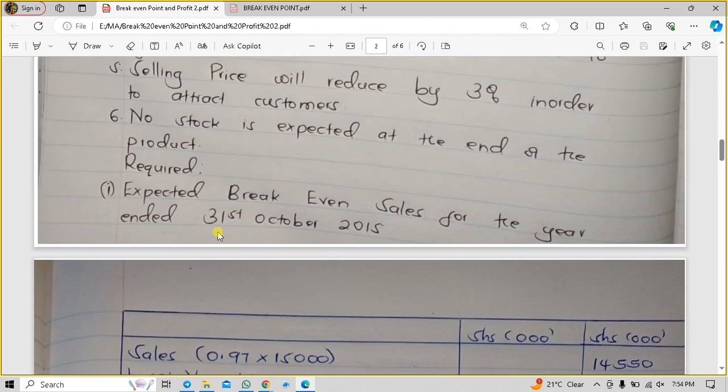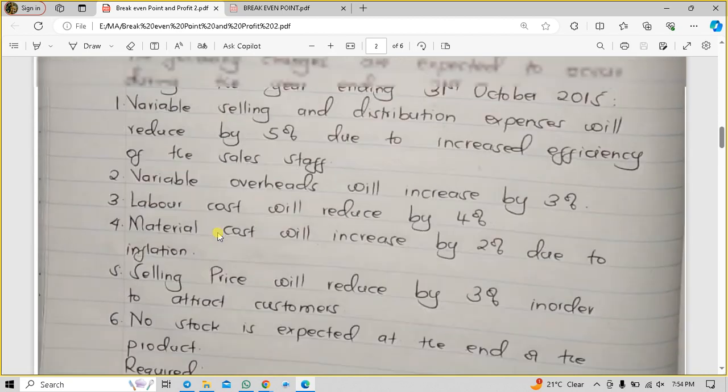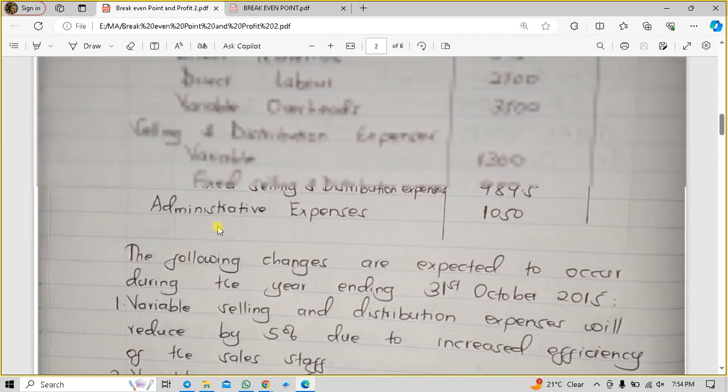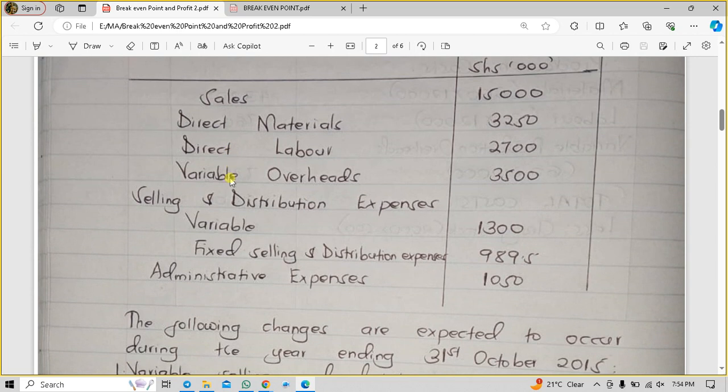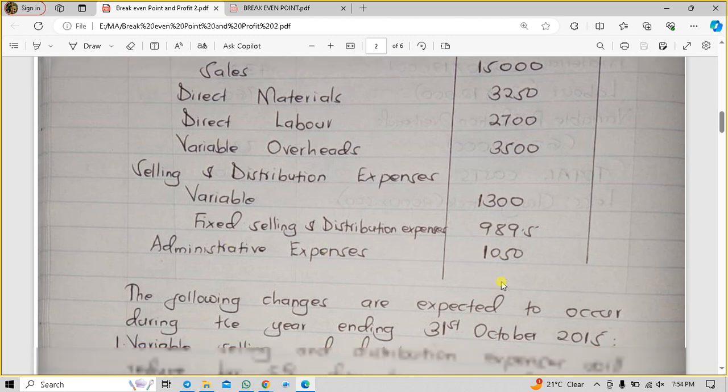So we come here, our fixed expenses, we have what? Fixed selling and distribution expenses, we have 989.5, and we also have administrative expenses. I think I could have written fixed administrative expenses as 1050.